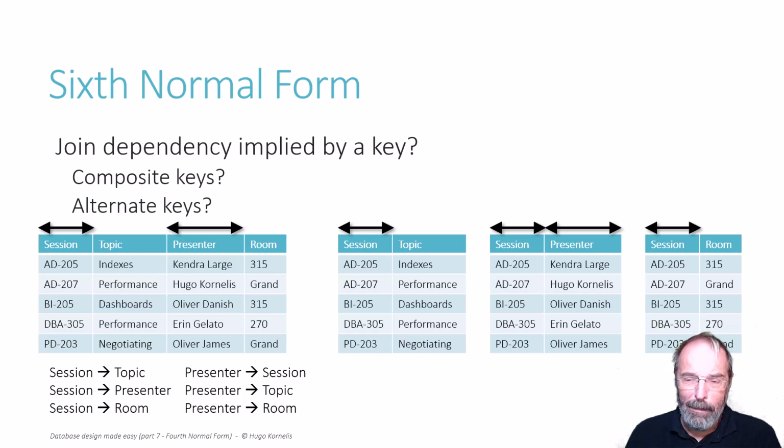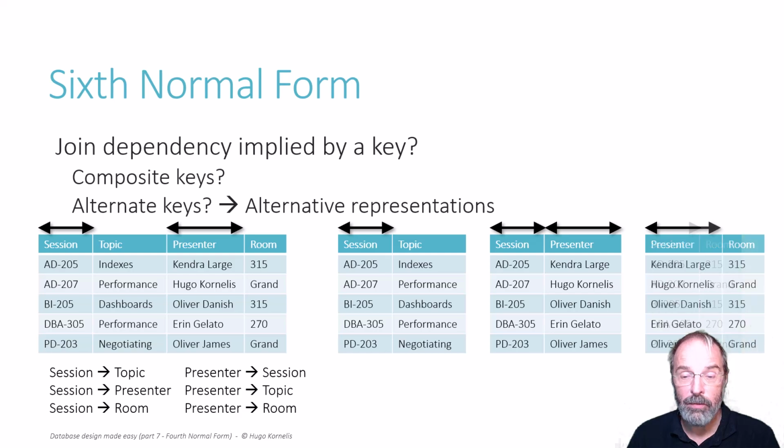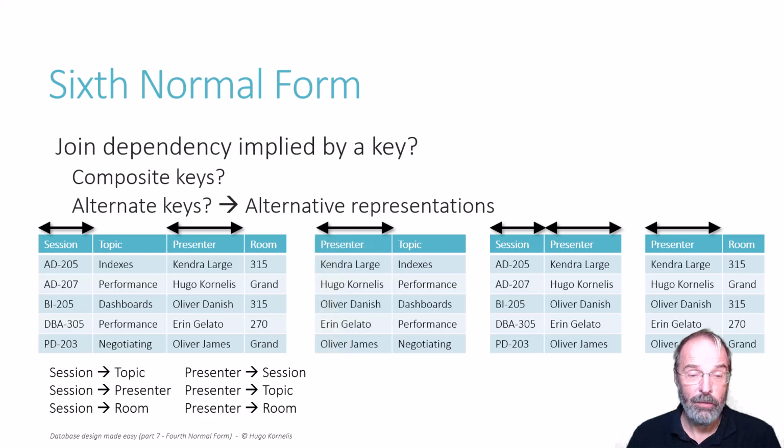But because we have more functional dependencies in the original, in this universe of discourse, there are now also alternate representations. Instead of using session determines room as the basis for a table, I can use presenter determines room. And I can do the same for session determines topic or presenter determines topic.